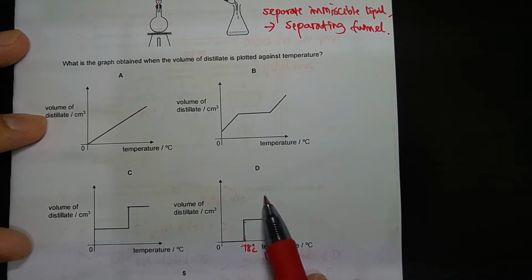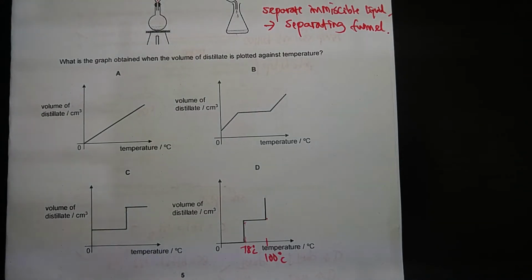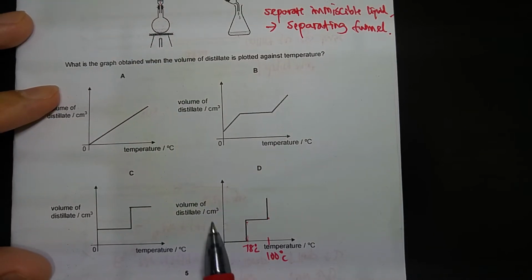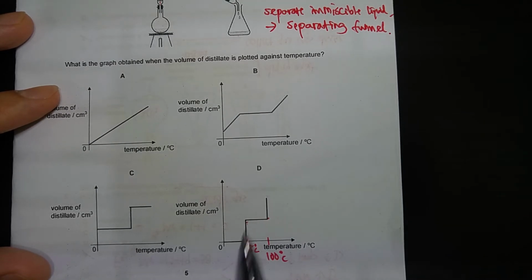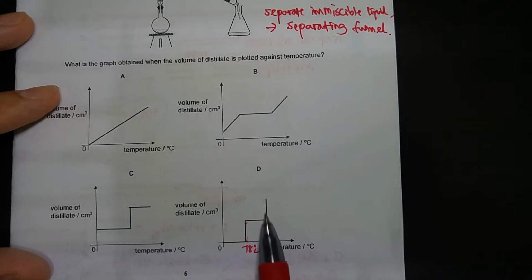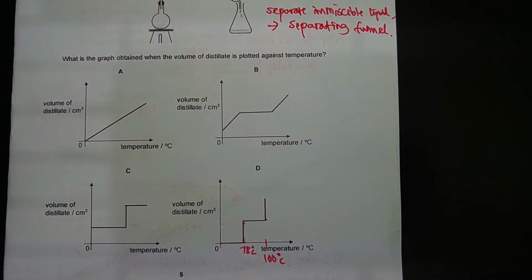That's why the volume of the distillate will rise here. So remember, the y-axis is the volume, and the x-axis is the temperature. So at 78 and 100, the volume of the distillate will increase at these two temperatures.